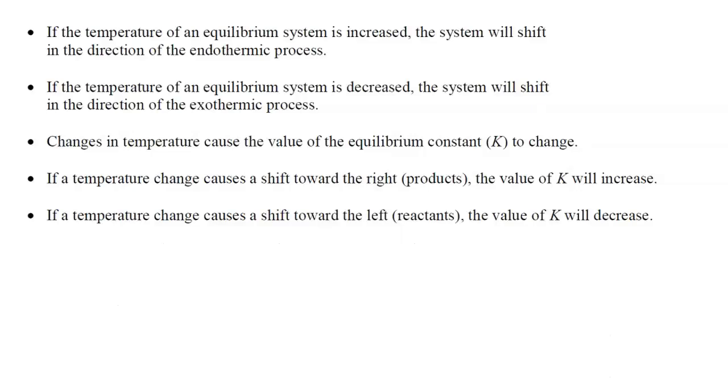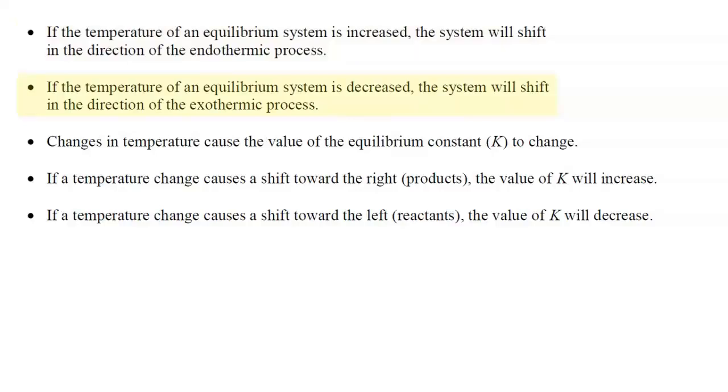If the temperature of an equilibrium system is increased, the system will shift in the direction of the endothermic process. If the temperature of an equilibrium system is decreased, the system will shift in the direction of the exothermic process.